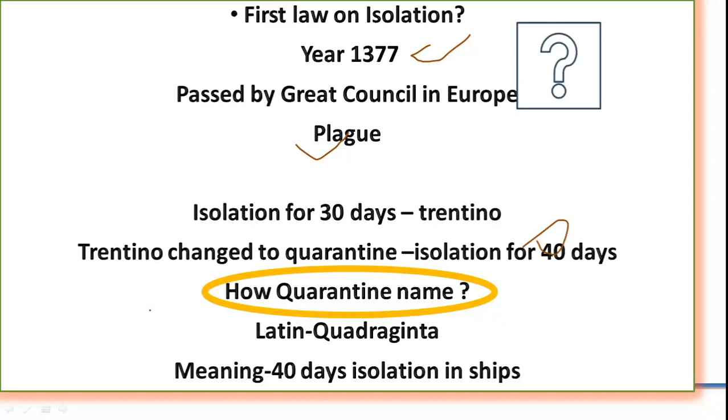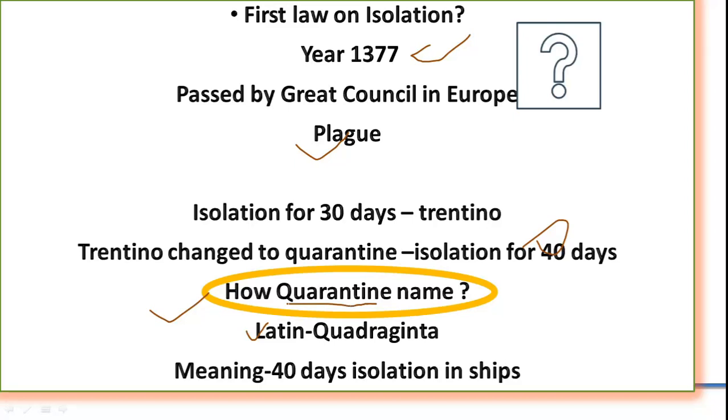Remember, this quarantine name came from the Latin word quadraginta. Now this is very important, because many people who are not from the English medium find it very difficult to pronounce this word quarantine. So if you have an English section in your competitive exam, they will definitely ask you regarding the word quarantine.